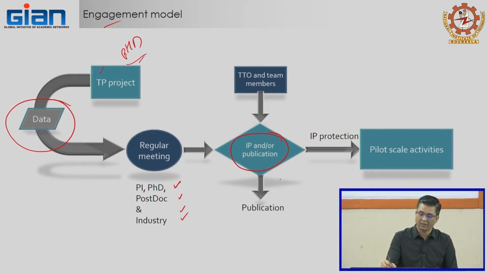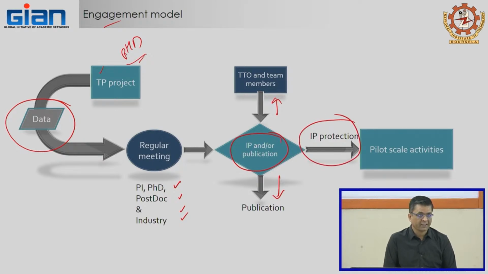That is the point. You should see whether you should go for publication or engage with the TTO. What is TTO? Technology Transfer Office. In some places different departments are there, IP departments, business development or extension departments, and they are named differently. I am just talking about the model, what departments we have here.